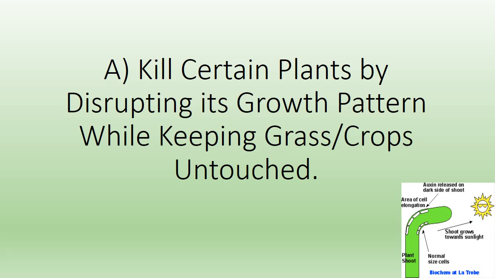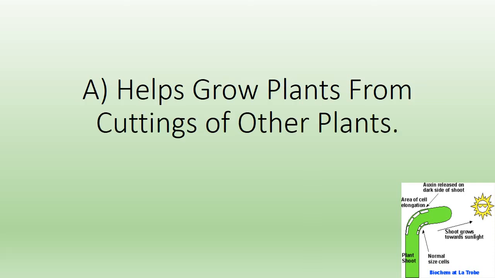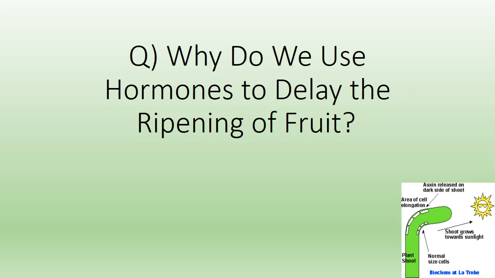Kill certain plants by disrupting their growth pattern while keeping grass crops untouched. What do rooting powders do? Helps grow plants from cuttings or other plants. Why do we use hormones to delay the ripening of fruit?